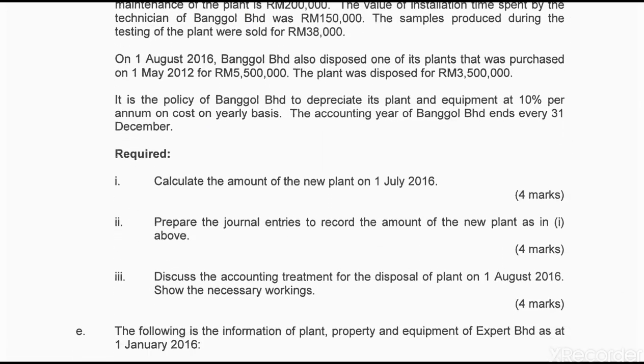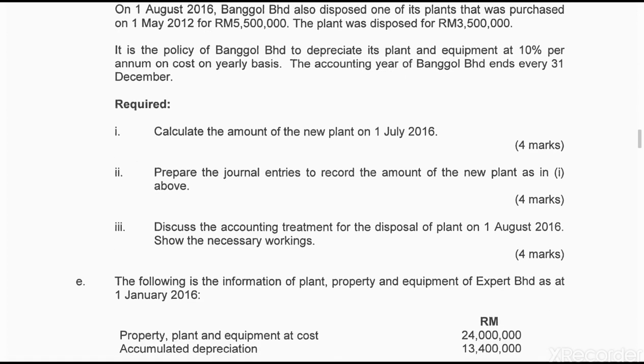You are also asked to prepare the journal entry. Journal entry, just what you need to do is you need to see how much is paid in cash, how much is paid via credit, or not yet paid yet.